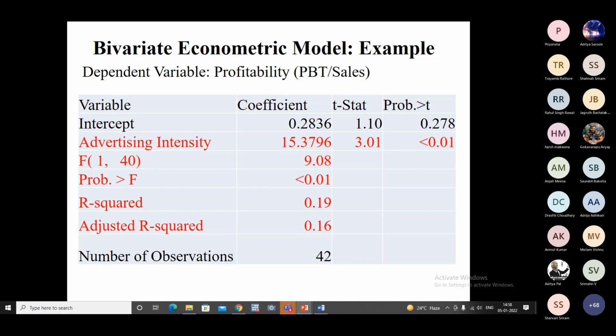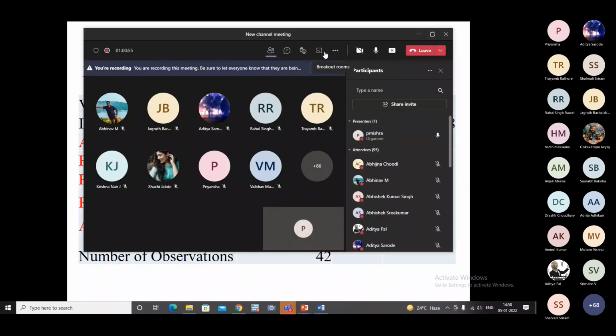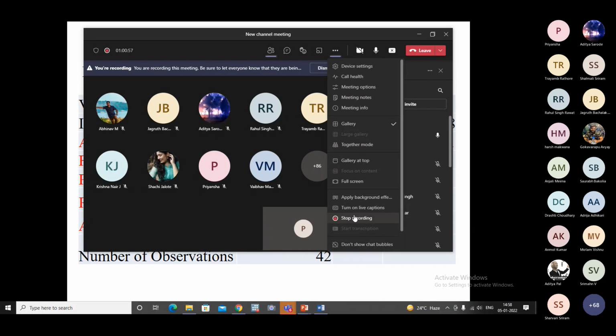I understand that many of you might be wondering what I'm talking about. I'm just trying to highlight certain issues, certain concepts that we need to focus on in this course. Here, the issue is basically measurement of the variables, and how that may influence the regression results. Okay, so with this, I'll stop for a while.